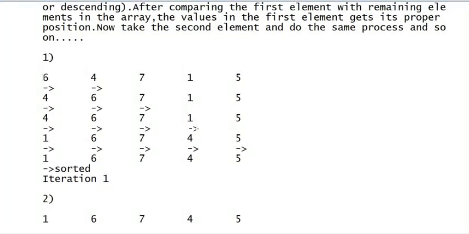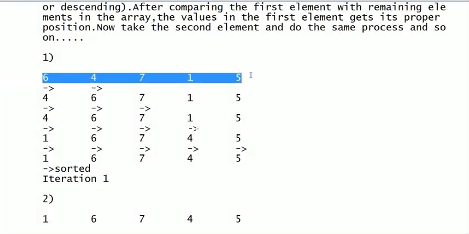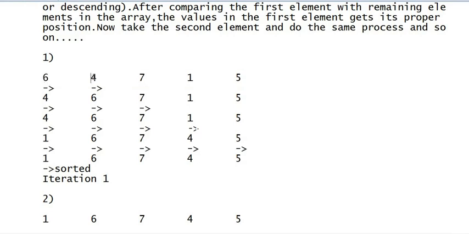We have the array elements 6, 4, 7, 1 and 5. First we compare the first element with the second element. The criteria is greater than. If the first element is greater than the second element, then swap these two elements.